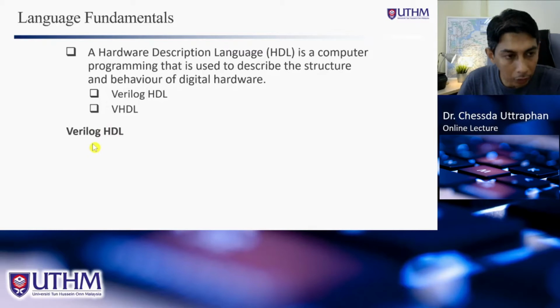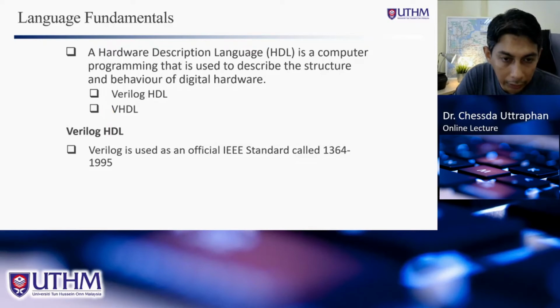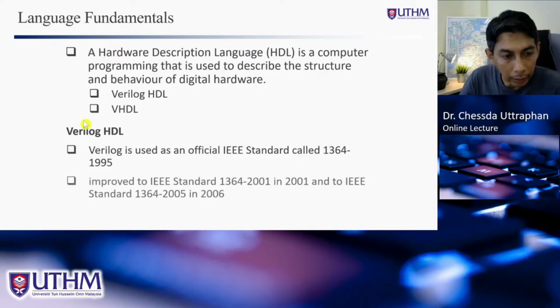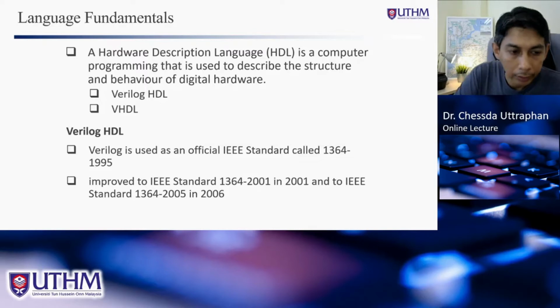So a little bit about Verilog HDL. It is the IEEE standard, Institute of Electrical and Electronics Engineers standard, called 1364-1995, introduced back in 1995, and since then there are many upgraded versions or standards available. 1364-2005, introduced in 2006, is the standard that is still being used until today.